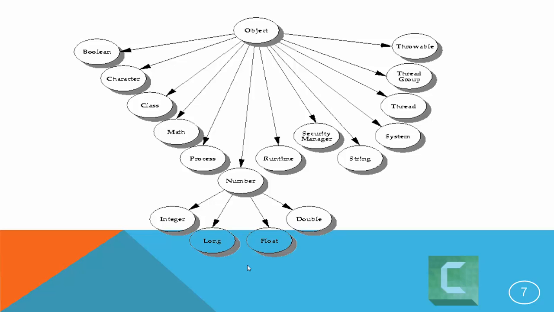Any class which is an extension of your primitive data type is called a wrapper class. So wrapper classes are classes which are extending your primitive data type capabilities. Like all the other classes, these classes also extend from Object.